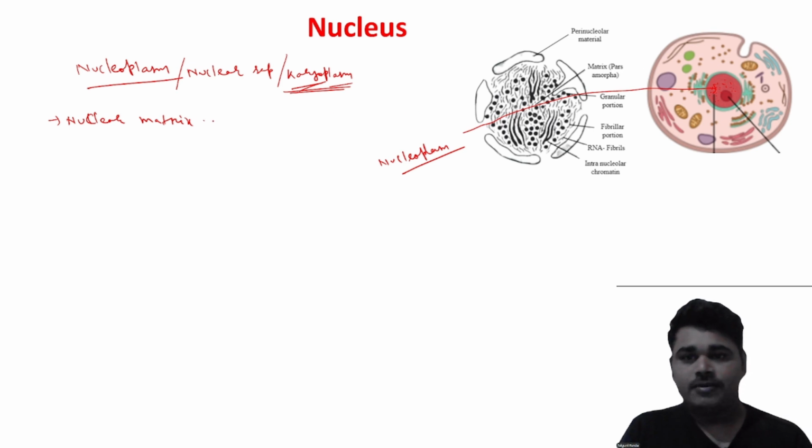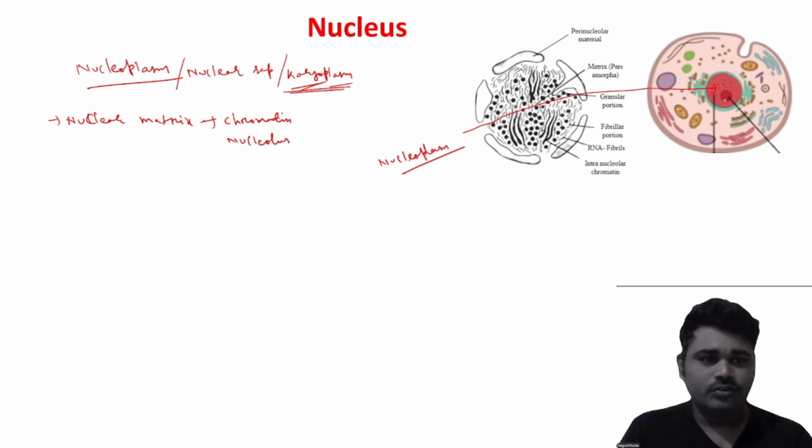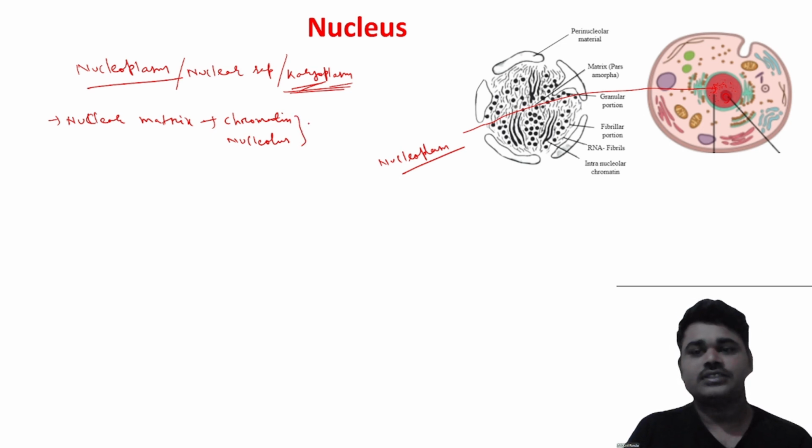The nucleoplasm contains chromatin and the nucleolus. So this is the nucleolus, and the chromatin material present inside it is called chromatin. That is the main difference between the cytoplasm and the nucleoplasm.